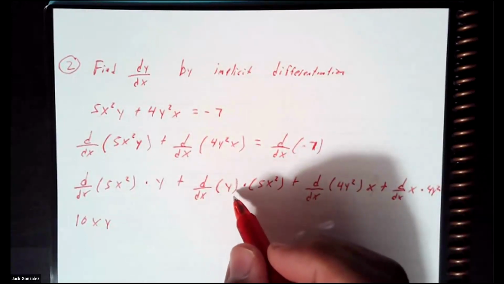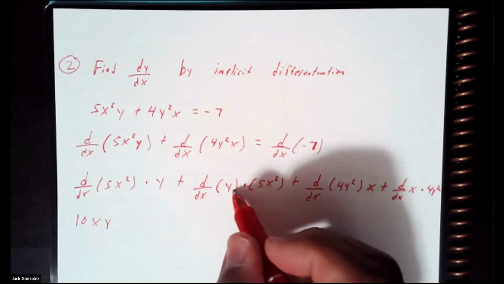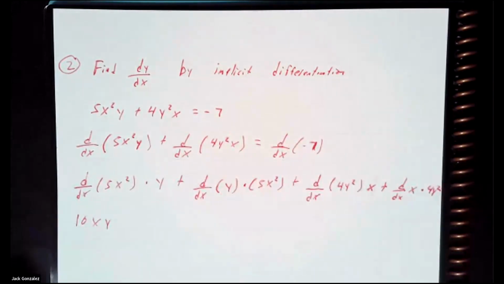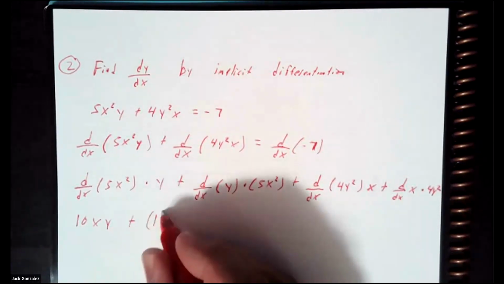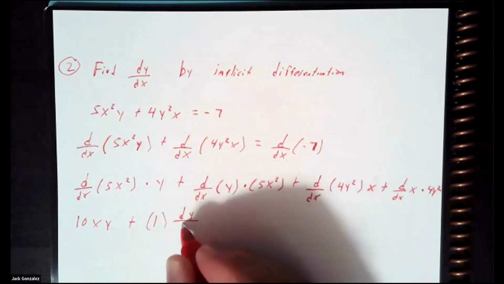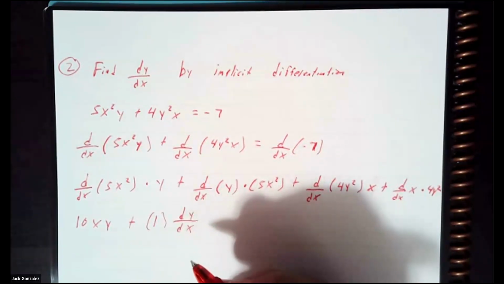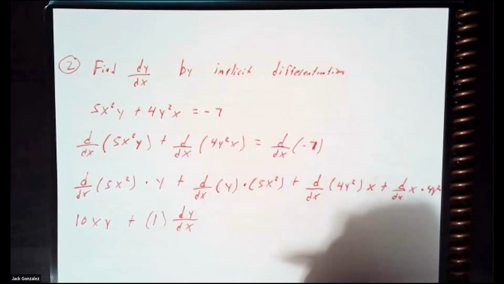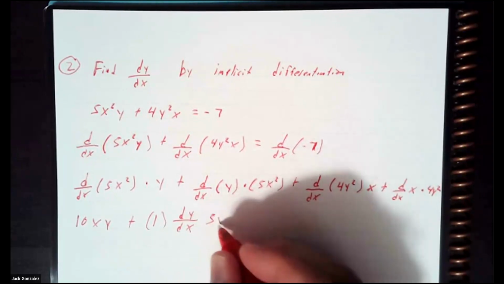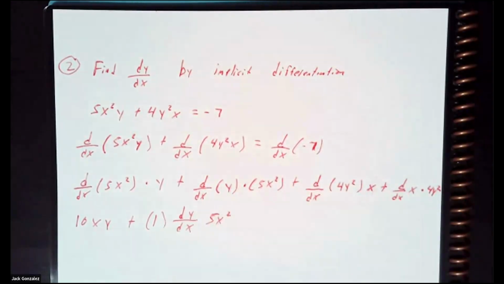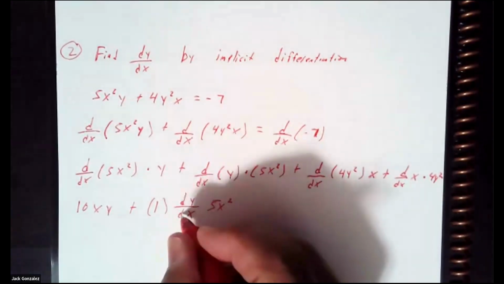Derivative of y is going to be 1. But then you do the implicit piece. And then times 5x squared. That makes sense?